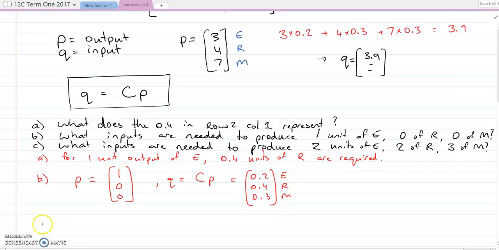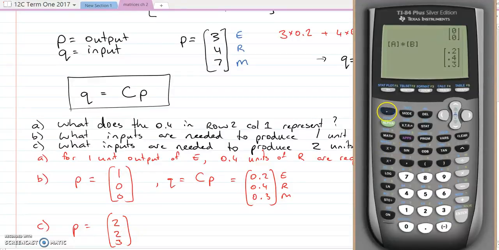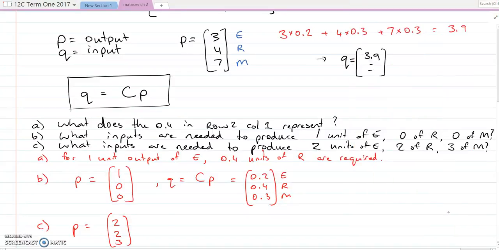And for C, I just have a different P. I have 2, 2, 3. Same thing on the calculator: I have just changed matrix B to be 2, 2, 3. So again, matrix A times matrix B, I get 1.9, 1.9, 1.7. So Q equals CP, so Q equals 1.9, 1.9, 1.7.